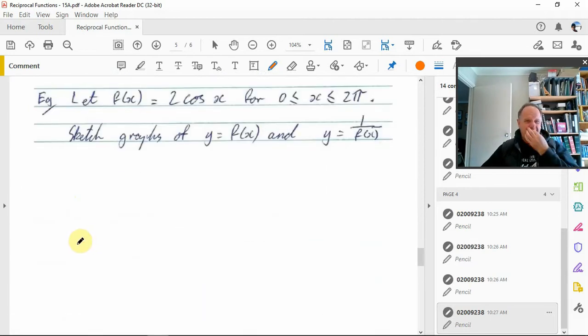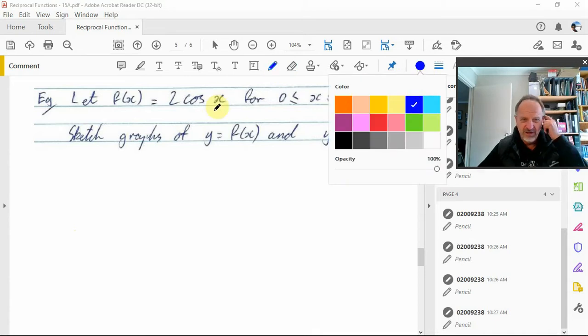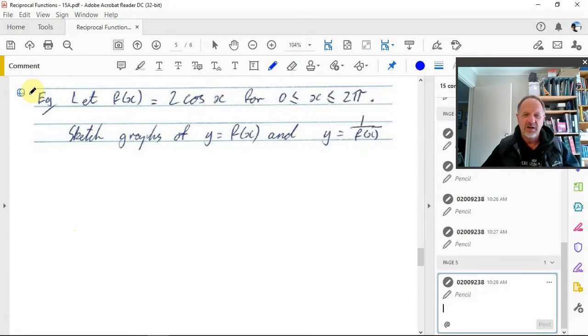So let f(x) equal 2 cos x for 0 less than or equal to x less than or equal to 2 pi. And we're asked to sketch both graphs. We're asked to sketch the graph of y equals f(x) and y equals 1 on f(x).